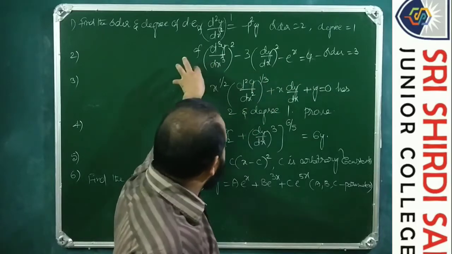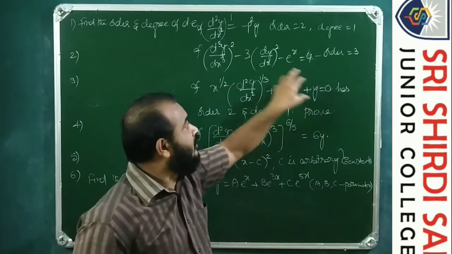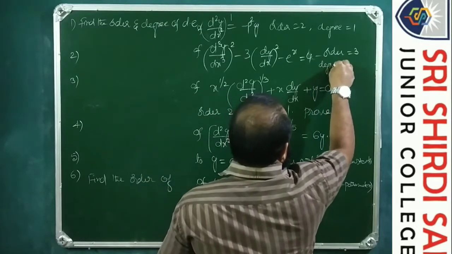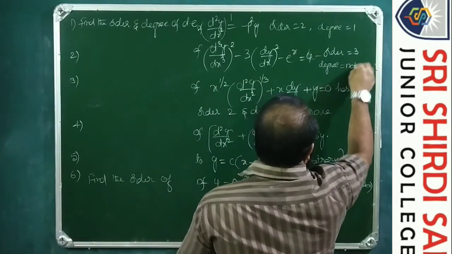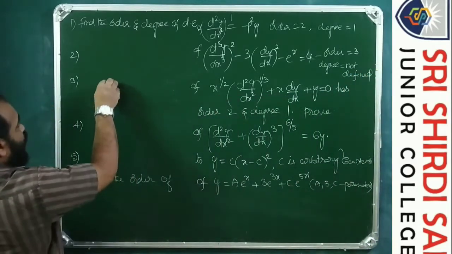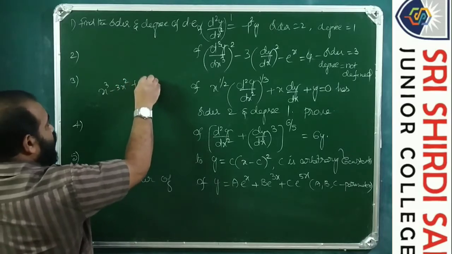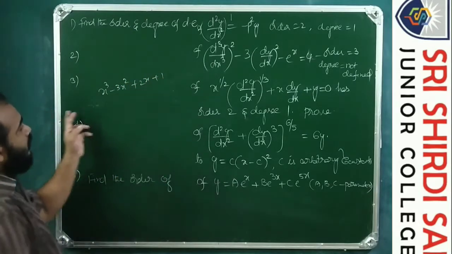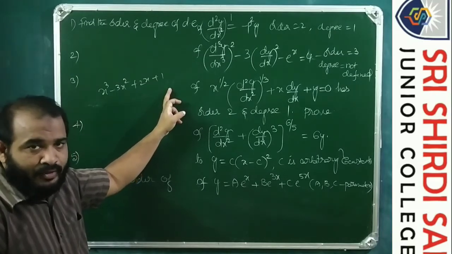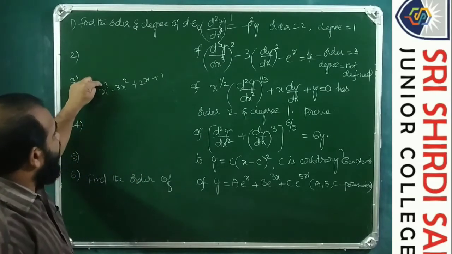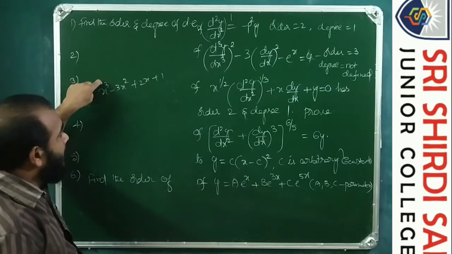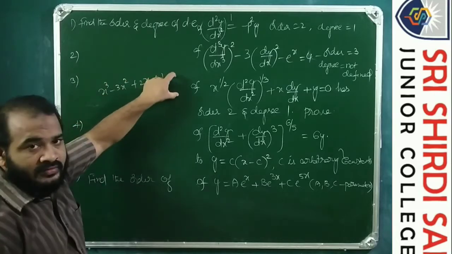Since this is not a polynomial in the derivatives, the degree is not defined. For example, x cube minus 3x square plus 2x plus 1 is a polynomial in x, because its degree is 3.